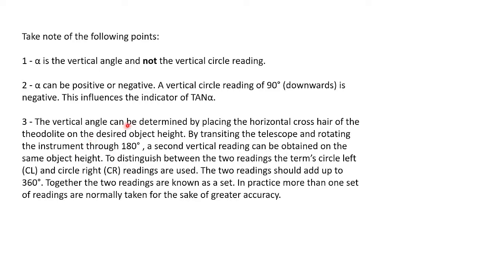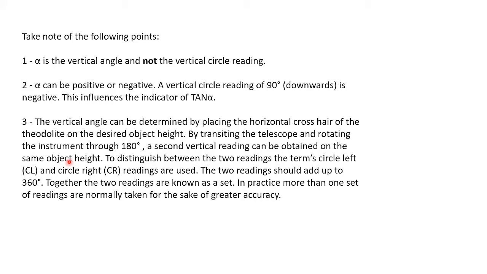Then the vertical angle can be determined by placing the horizontal hair of the theodolite on the desired object height by transiting the telescope and rotating the instrument through 180 degrees. Alright, so I can go through this, but essentially this is how you determine circle left and circle right. So circle left will be where the circle of the instrument is on your left side.